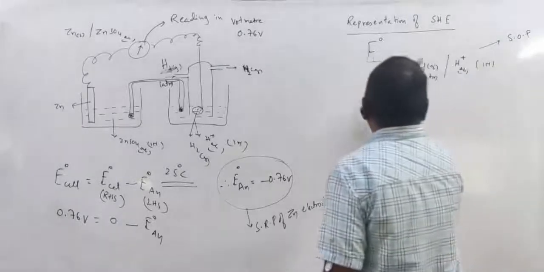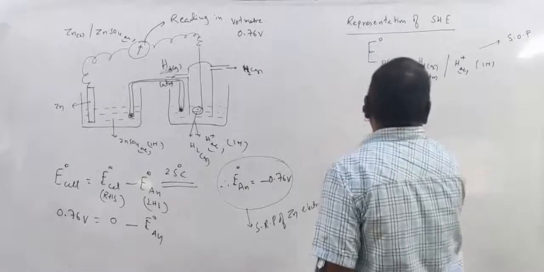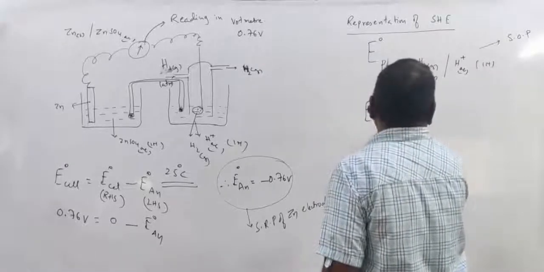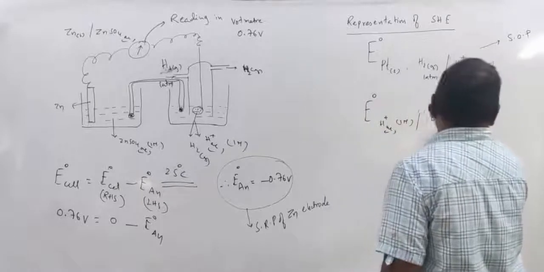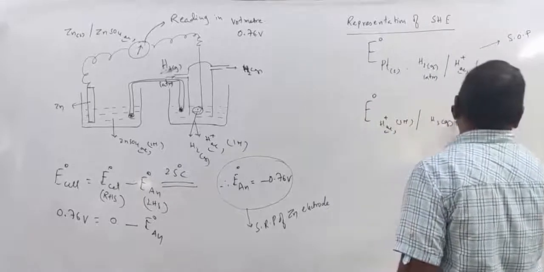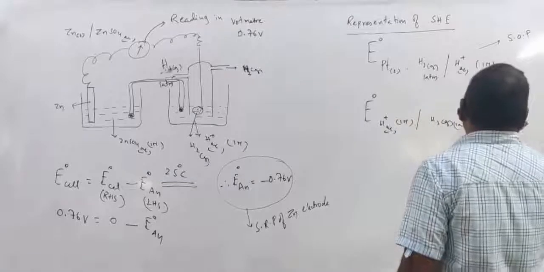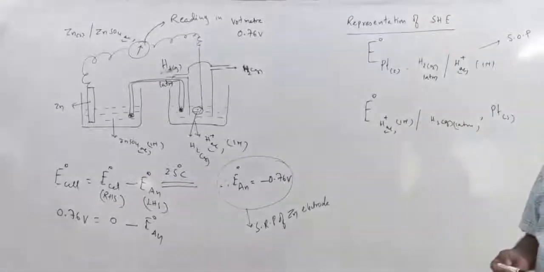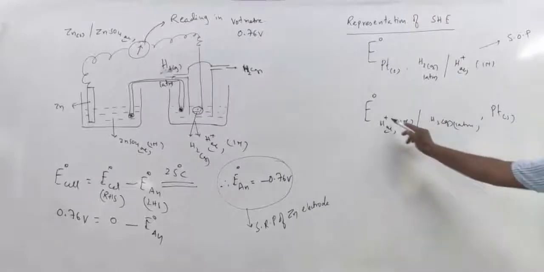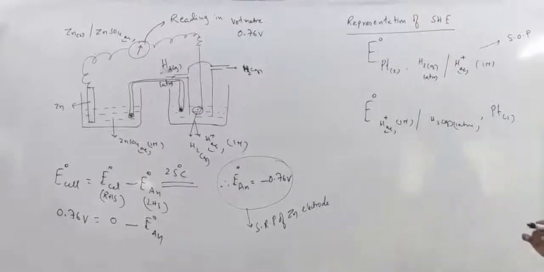Similarly, E naught of H plus ions aqueous 1 molar concentration, to hydrogen gas, 1 atmosphere pressure, and medium is platinum. So plus 1 to 0 is reduction, is it not?